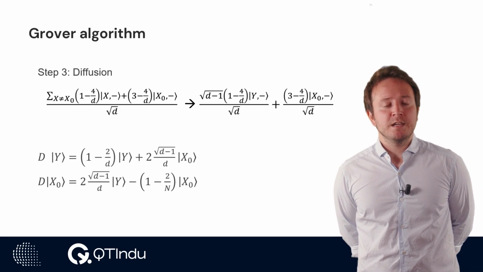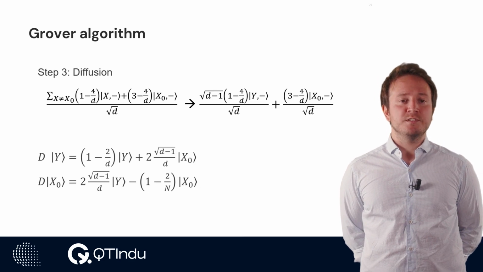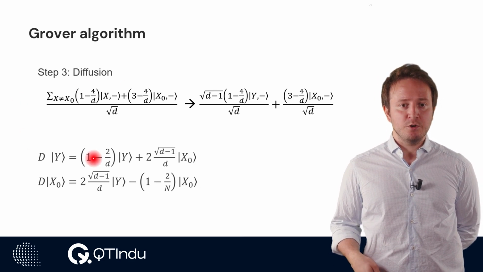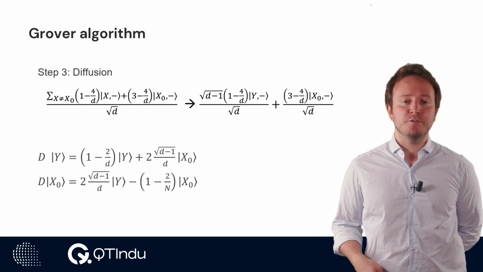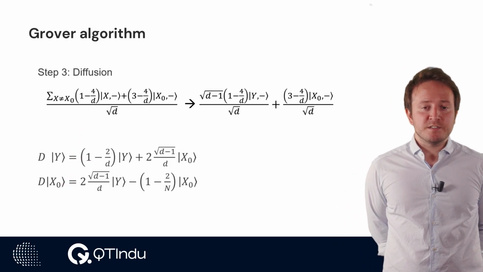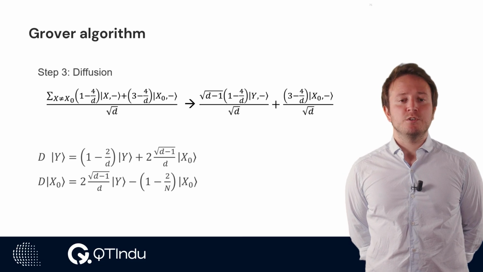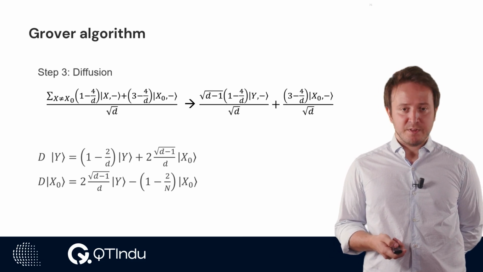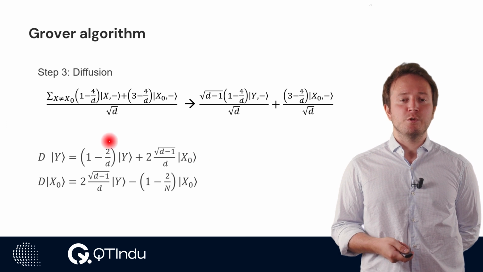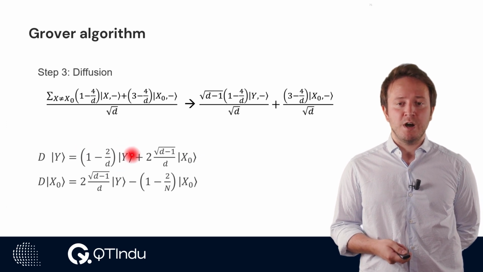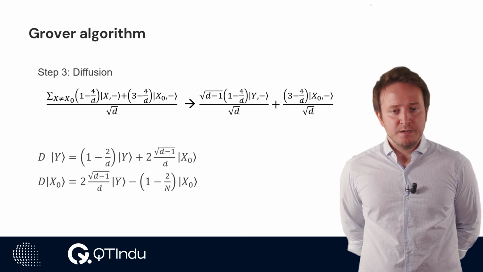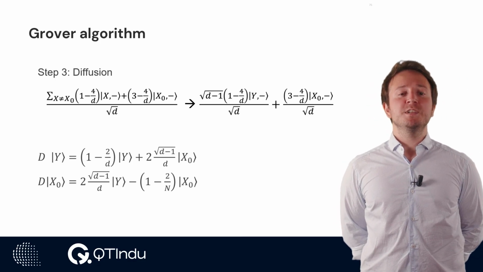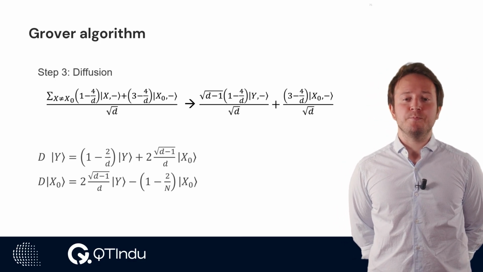To do that, let us consider the action of this diffusion operator on the state y and on the state x0. We can easily see by the definition of the diffusion operator that the output will be given by this formula. So it will create a superposition of y and x0. This is still not insightful enough, so what we will do now is explicitly rewrite it in terms of the angle theta.